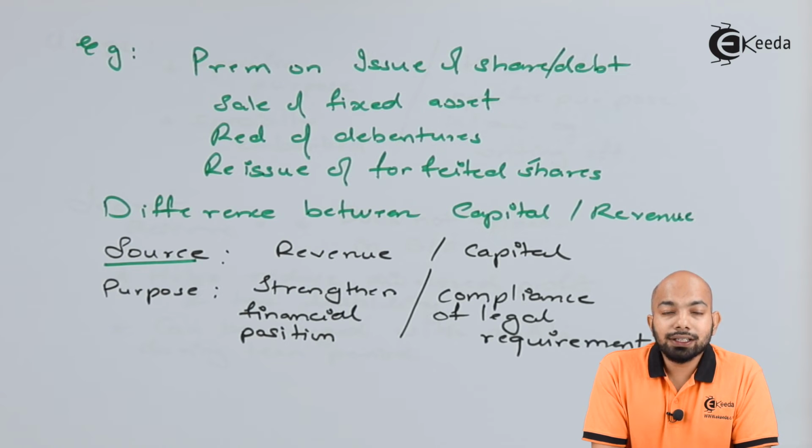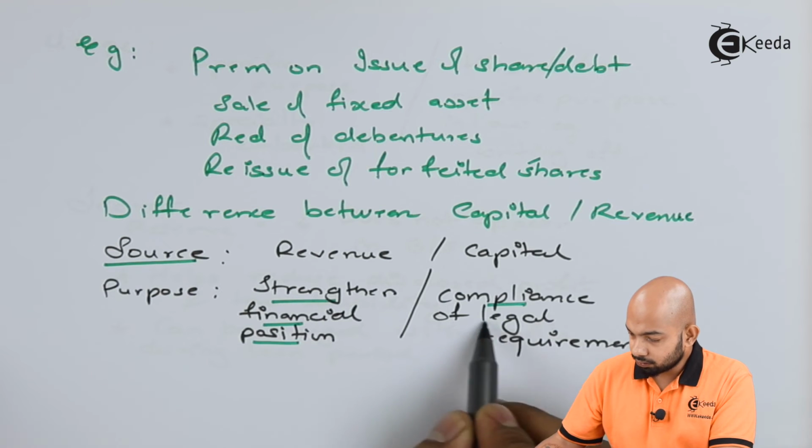Now, the next difference that we have is the purpose. When we talk about the purpose of these specific reserves, revenue reserve is used for operational activities itself, whereas capital reserve is used for non-business or non-operational activities. We'll further go ahead and see what these differences are.